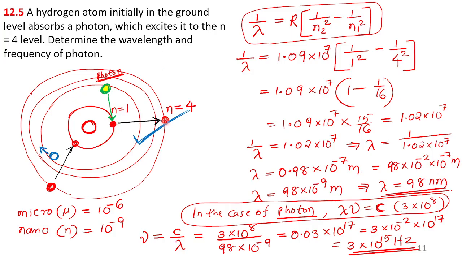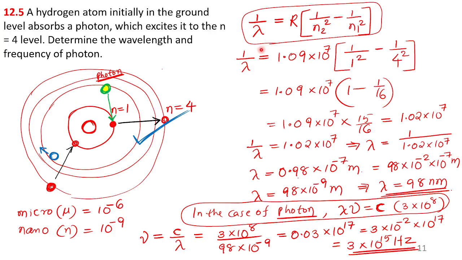In both situations, the 1 by lambda formula is valid. This is the widely used formula.